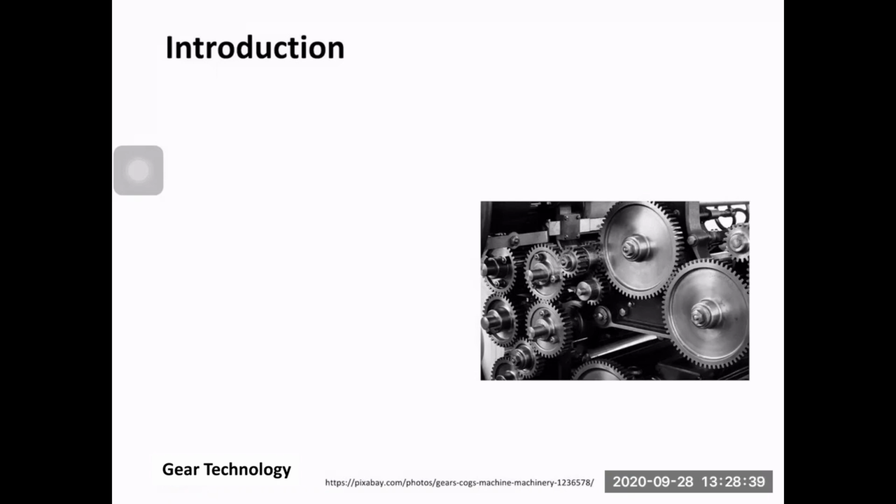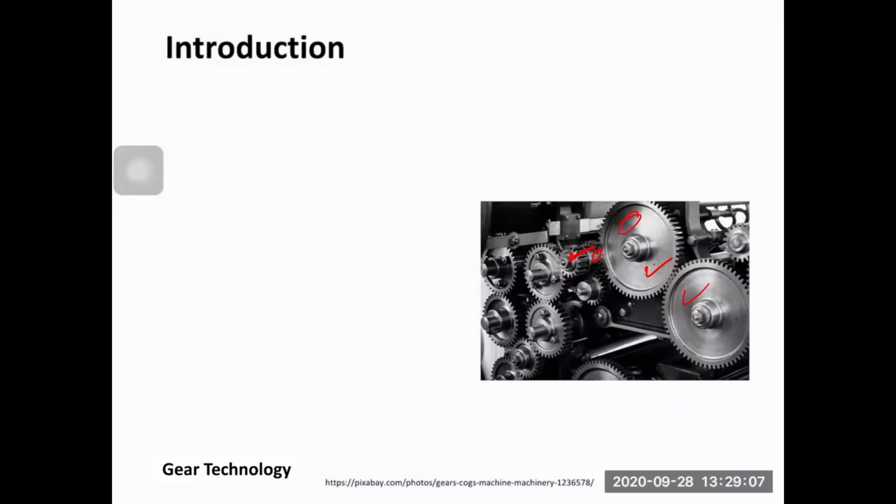For example, if I assume that this gear and this gear have the same diameter, their rotational speed is going to be the same. So here we are maintaining the speed. But if you look at this gear and this gear, there is a difference in the pitch diameter between them. So here we are just increasing the speed of this shaft.